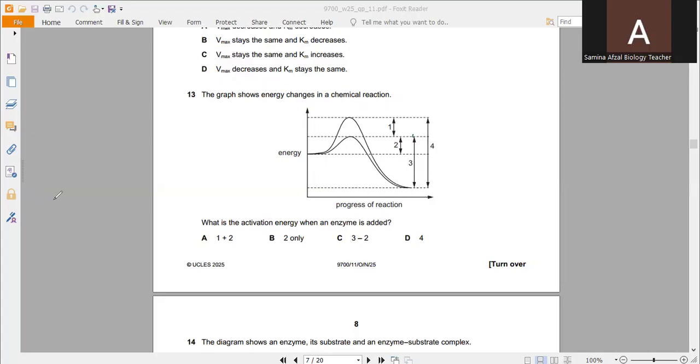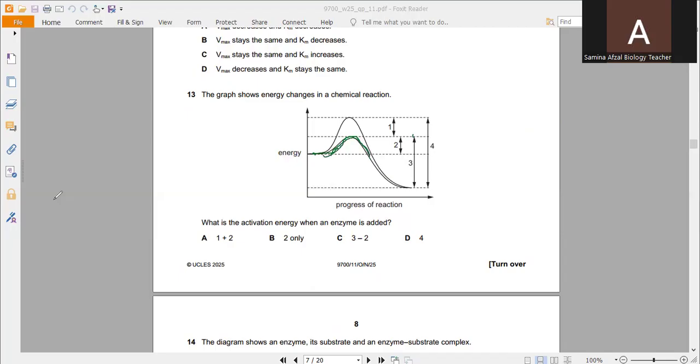And you can see the activation energy is the distance from the starting energy of the reactants to the top of the curve. So the starting energy of the reactant is this one and reaching the top to this one. So with an enzyme, this peak is lowered.